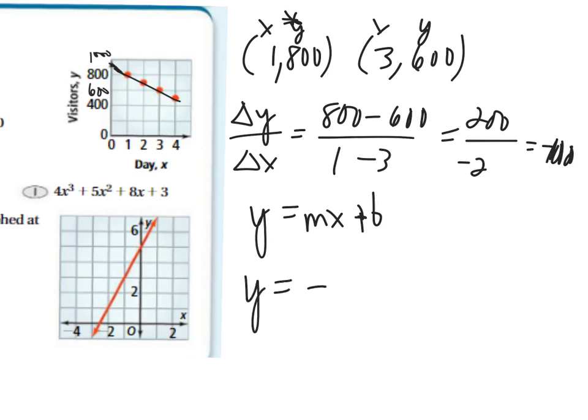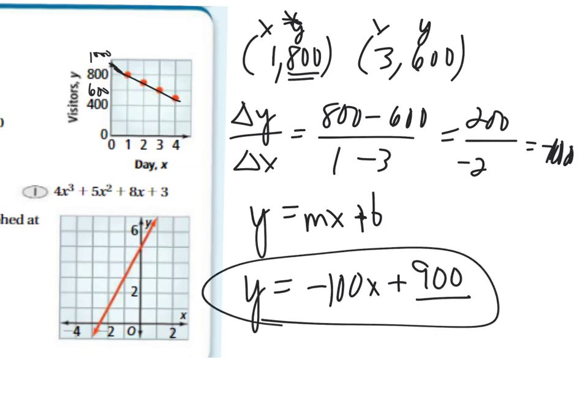Realistically, if we're doing this, you can just do an adjustment of saying, okay, if I put in a 1 for x, what would that give me? Negative 100 times 1, that would be negative 100. So I'm at negative 100. I need to be at 800. So to get from negative 100 to 800, we'd have to add 900.